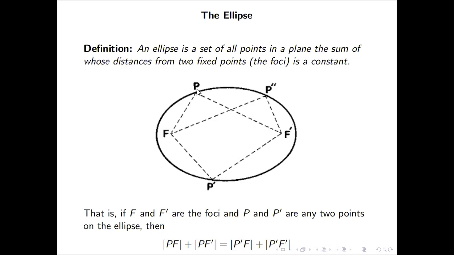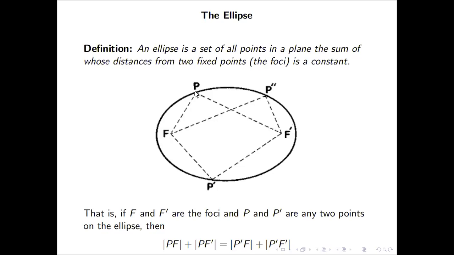And let P and P prime be any two points on the ellipse. Then by the definition, the sum of distances from the foci is a constant. So that constant would not change whether we use P or P prime.